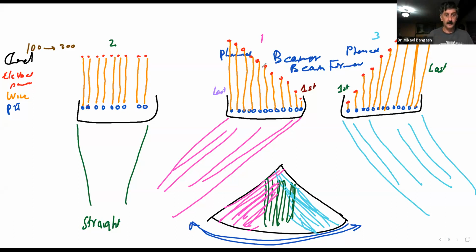Let's use this color. This was your pattern of the firing of the PCT, or the electrical source. You pretty much just draw a line that is parallel to that. That mainly means that in this case, the beam is going to be steering straight.